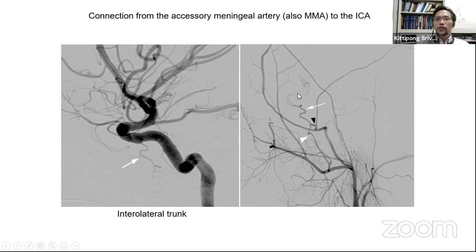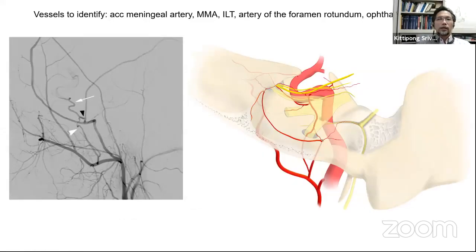You can see a faint opacification of the internal carotid artery from this external carotid artery injection, which shows that there's obviously a connection over there. So this is the vessel that we call the inferolateral trunk, which is a connection between these two systems, which is very important to recognize.